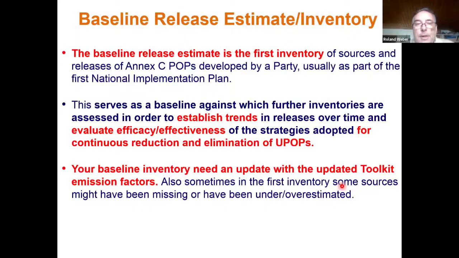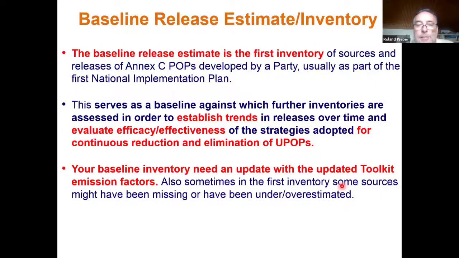What is important is the baseline release inventory. This baseline release estimate is the first inventory which in Oman you have already done. You compiled this more than 10 years ago, and it was part of your first national implementation plan.